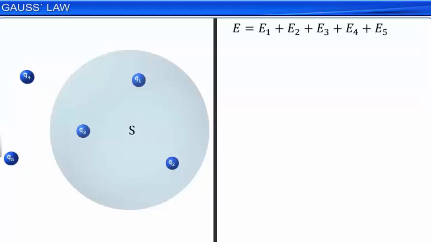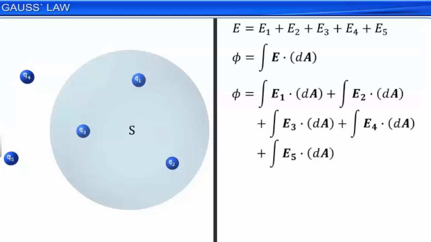The net flux of the resultant electric field strength E through the Gaussian surface is phi is equal to integral E dot dA, which is equal to integral E1 dot dA plus integral E2 dot dA plus integral E3 dot dA plus integral E4 dot dA plus integral E5 dot dA.